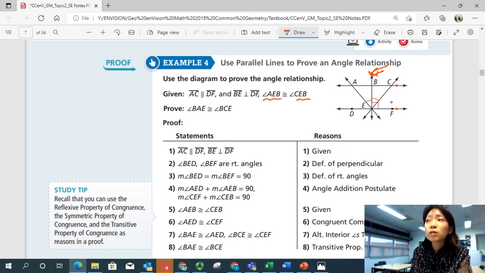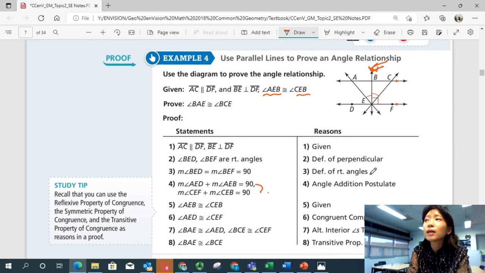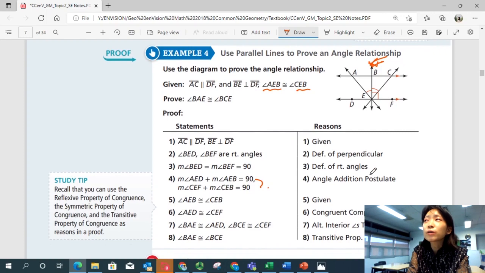So if we subtract 180 minus congruent angle, they must also be congruent because there's only one measure that satisfies this angle addition equation. So we can say by the transitive property of congruence, angle BAE is congruent to angle BCE.